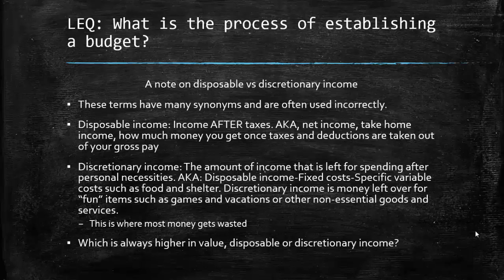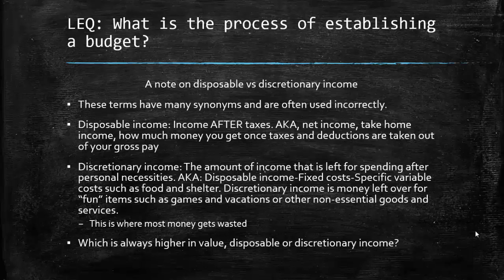So that's when you see someone has a salary of $80,000. That doesn't mean they're taking home $80,000. Their gross income is $80,000, but their disposable income, take-home pay after taxes, that might be something like $68,000 to $70,000. So they might end up paying $10,000 in taxes and deductions.